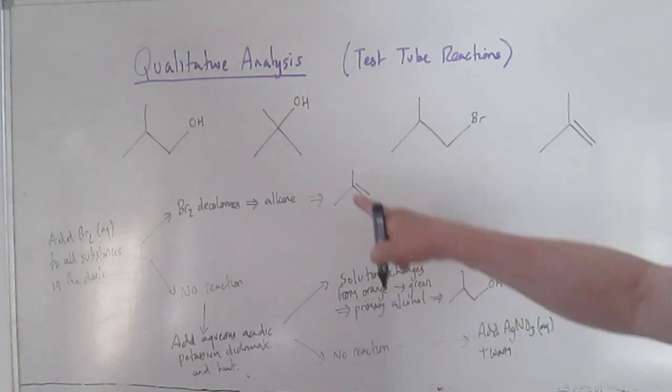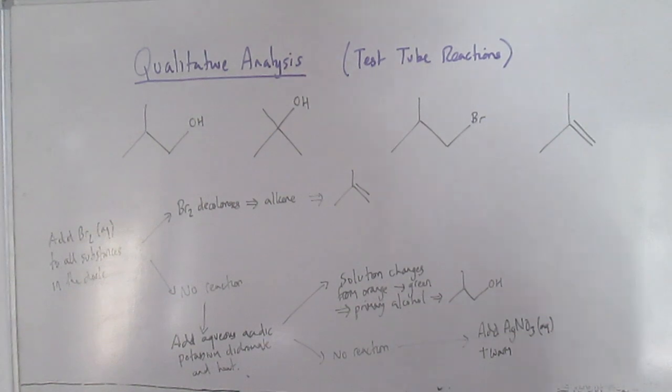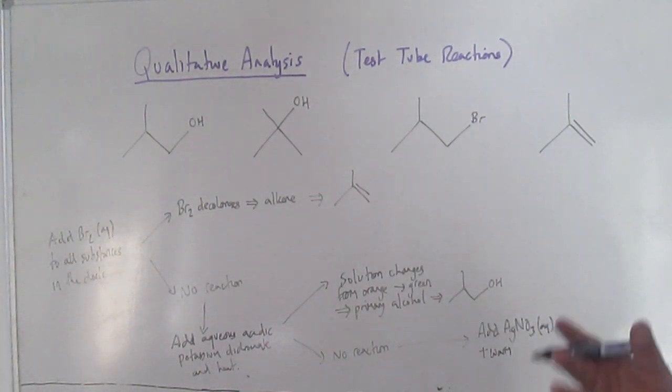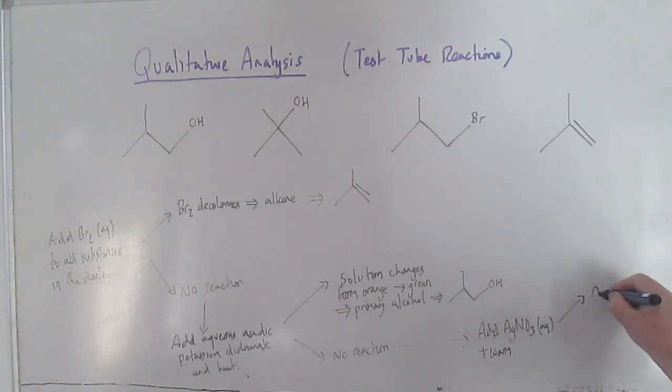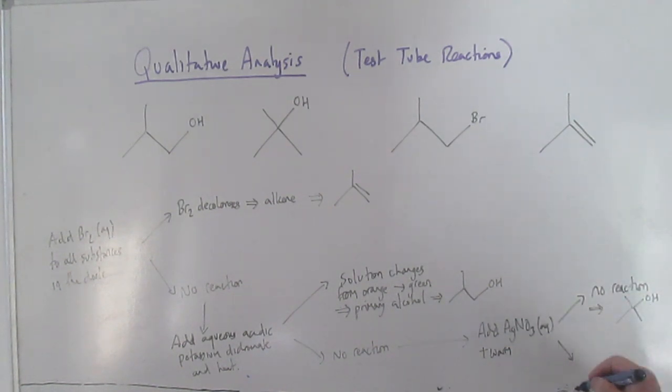And again, two possible outcomes. That one, you don't know any reaction of alcohols with silver nitrate. There isn't one, so that would be no reaction. And the one with no reaction is that one. Okay, in this case it's your tertiary alcohol. If it does react, then what are you going to see?